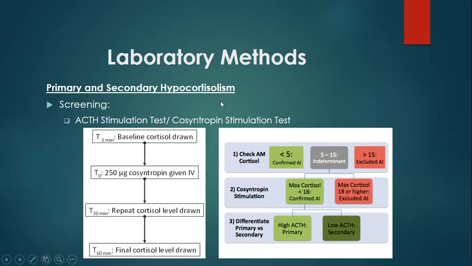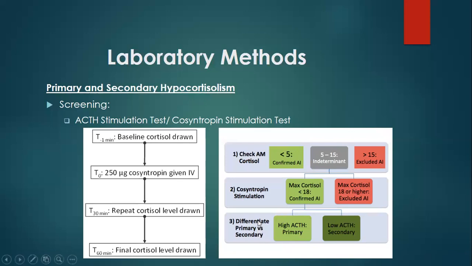So you measure ACTH, such that a high ACTH level is characteristic of primary. Why? Remember, there is an autoimmune destruction of the adrenal cortex in primary hypocortisolism, or primary adrenal insufficiency. This would lead to decreased mineralocorticoid, decreased glucocorticoid, and decreased androgen.